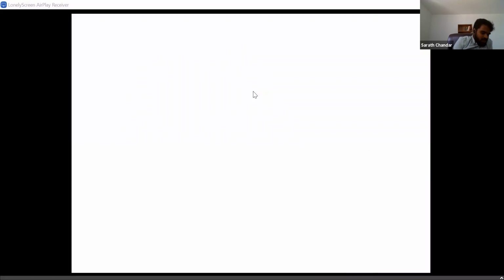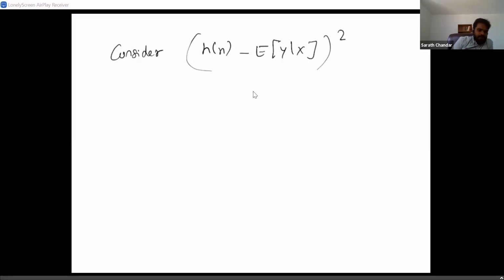Okay, so now we are going to consider h of x minus E of y given x, the whole square. In practice, we don't have access to the true distribution, so it's going to be very hard to find an h of x which is exactly E of y given x, right?